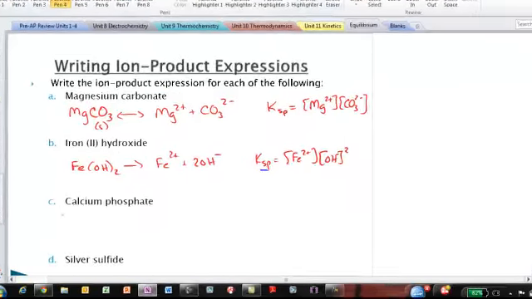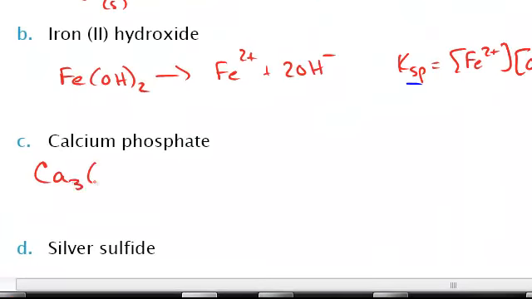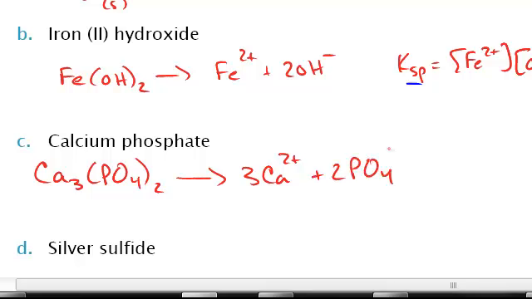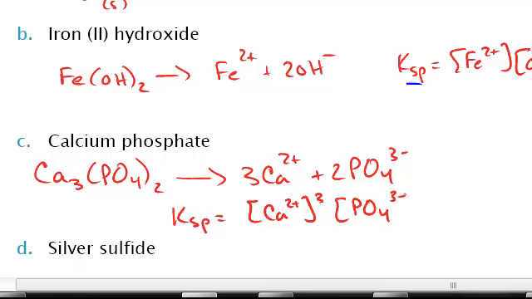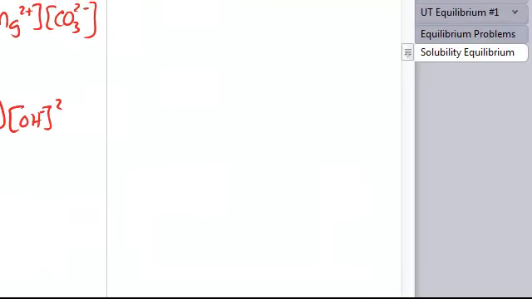When we move on to calcium phosphate, we have Ca3(PO4)2, and when we split it up, it goes to 3 Ca2 plus and 2 PO4 3 negative. When we write the Ksp, we get Ca2 plus cubed times PO4 3 negative squared.